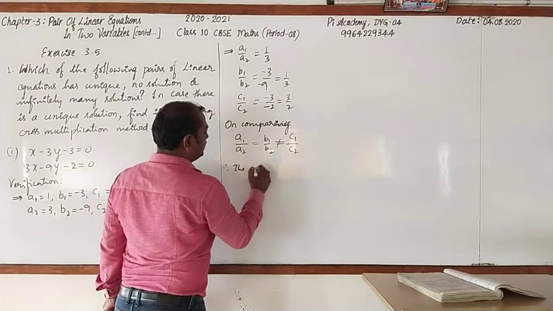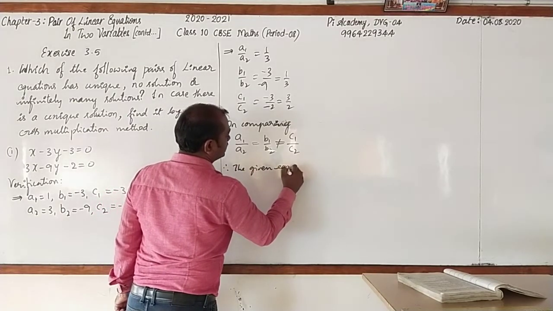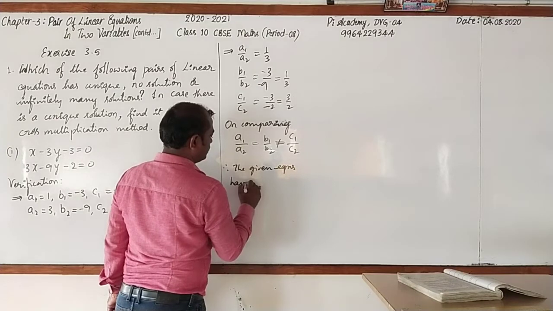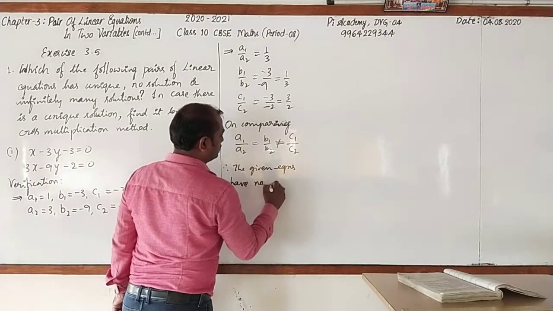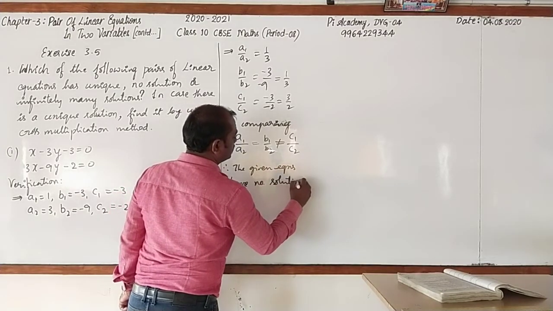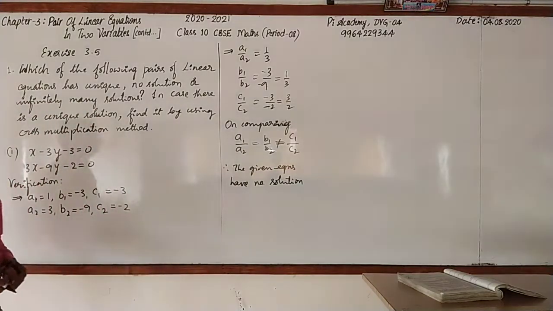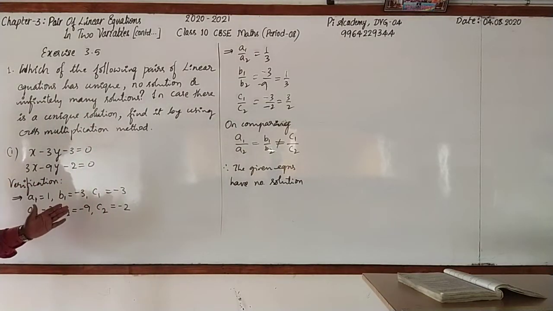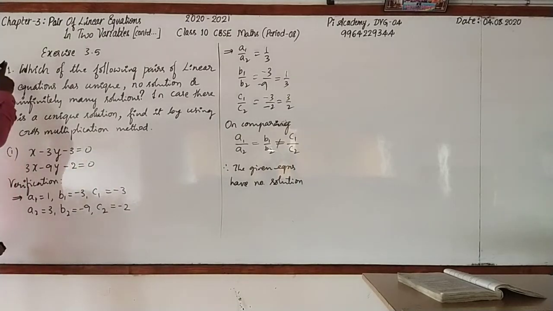Therefore, the given equations have no solution. No solution, so no need to go for finding it. Clear? Yes. I'll go for the next example. Before that, just copy this. Answer this from here to there.